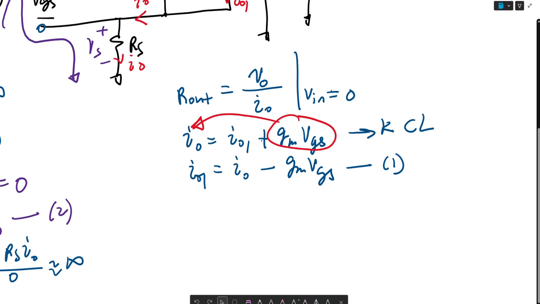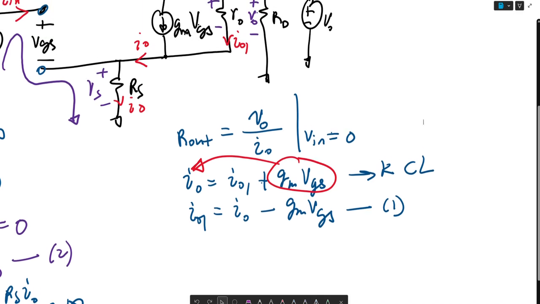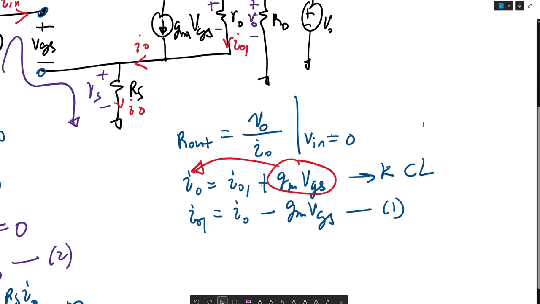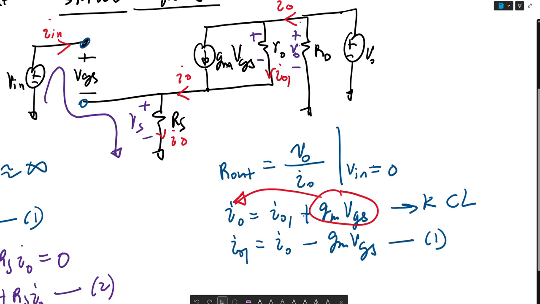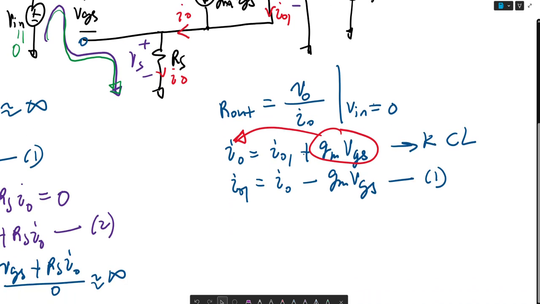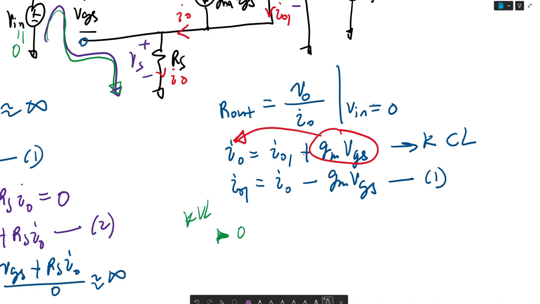Now we can consider the next situation, which is going to be KVL at this loop. Let me go ahead and do green. Again, consider KVL at this loop, where again Vin is equal to 0. So again, we get 0. So this is our next KVL.